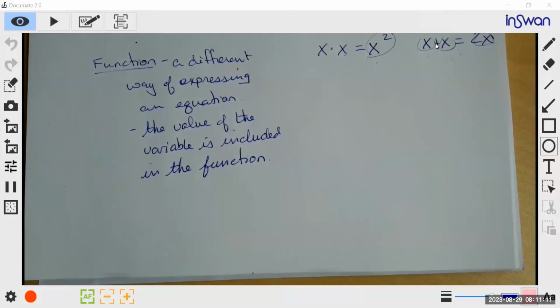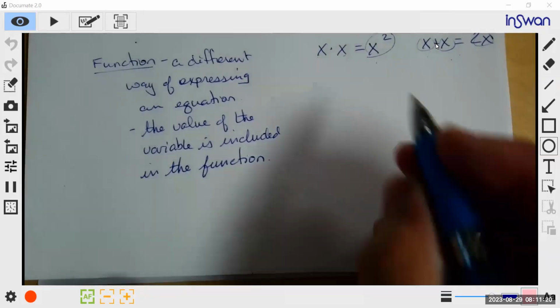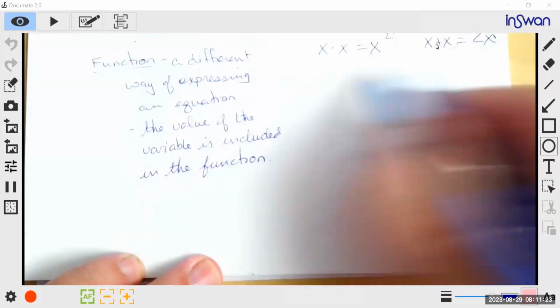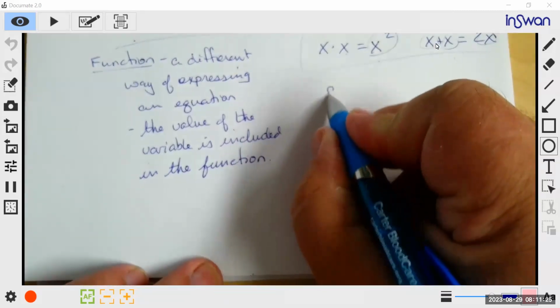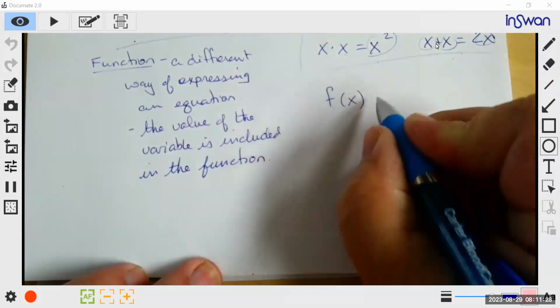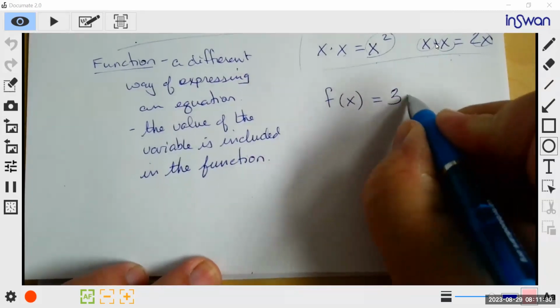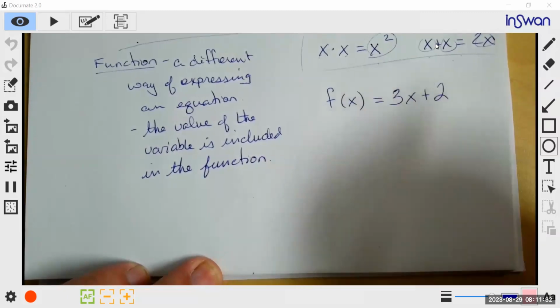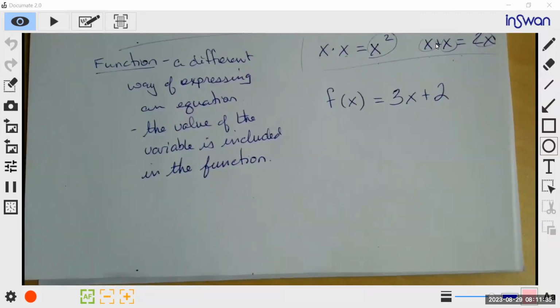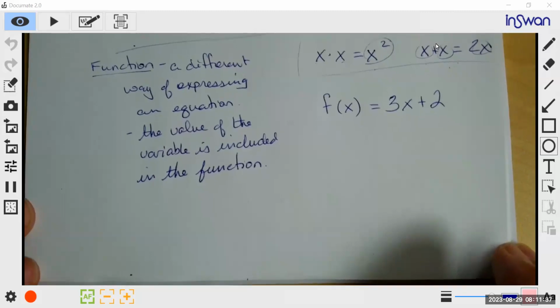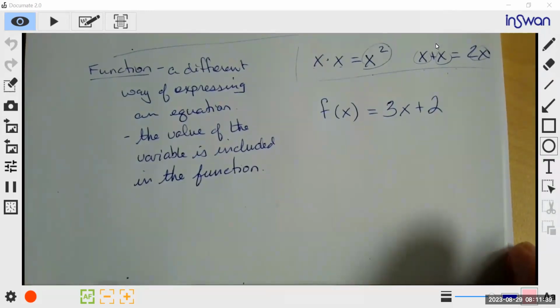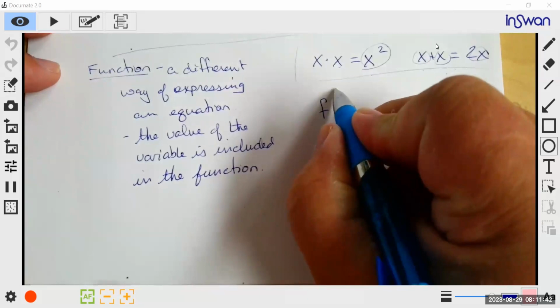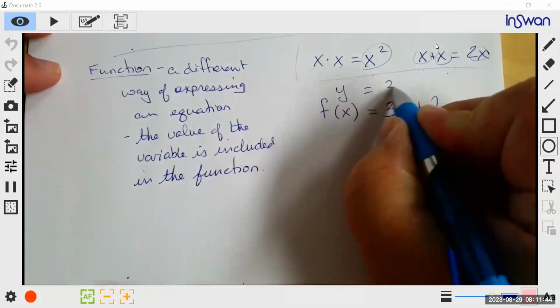The only difference is that the value of the variable is already expressed in the function. A function looks like this. Here's an example of one. Remember I said it's the same as an equation. An equation would be written like this.